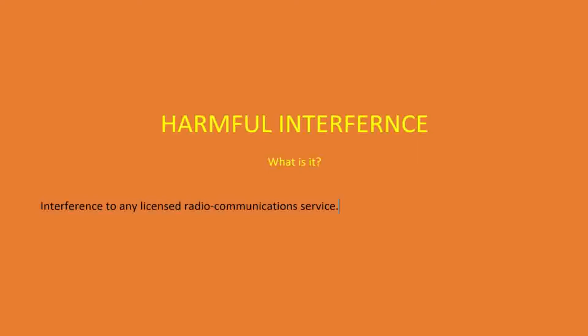You can talk to more experienced radio amateurs that might be able to help you with the interference. There's usually lots and lots of help from old hand radio amateurs out there willing to help you with interference problems.